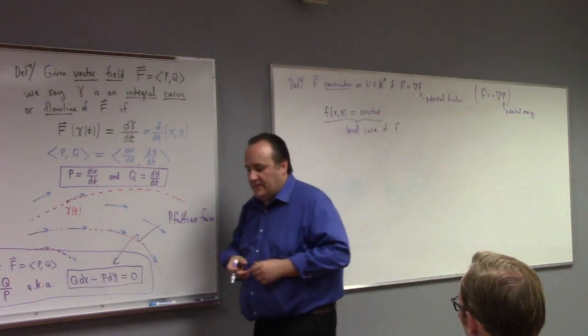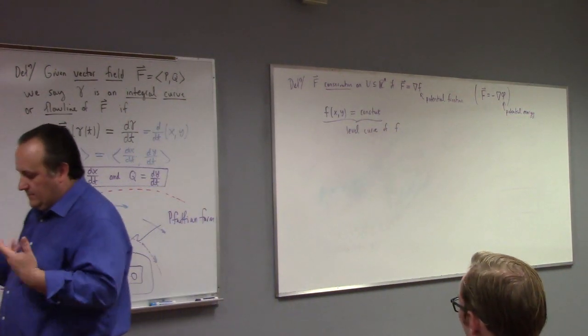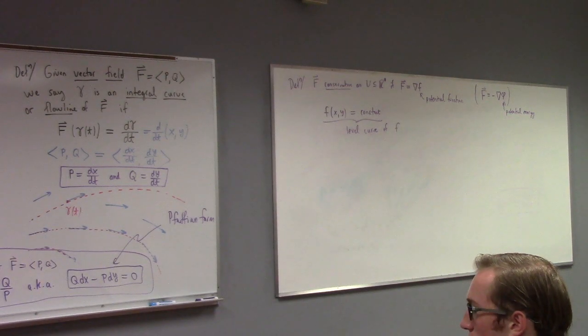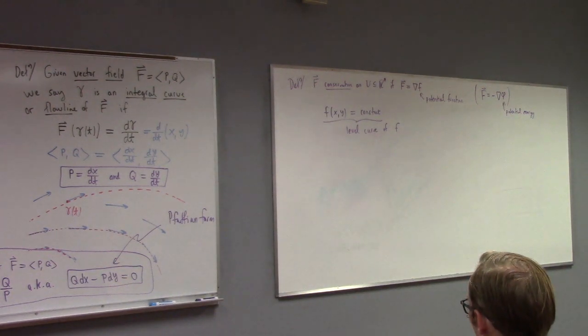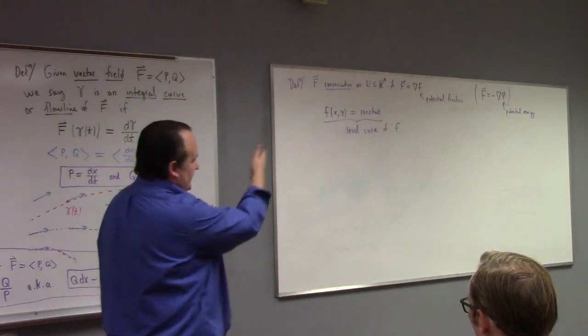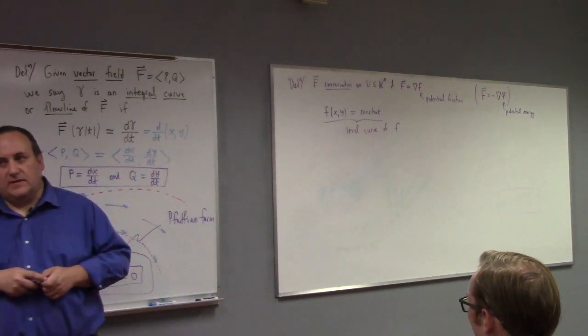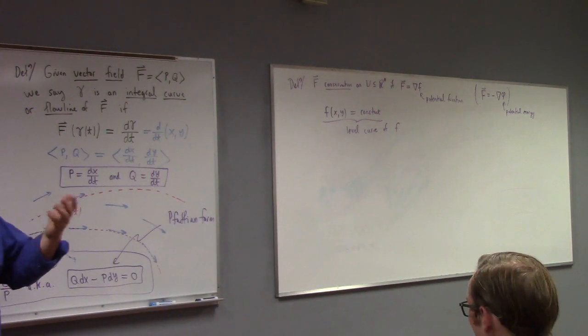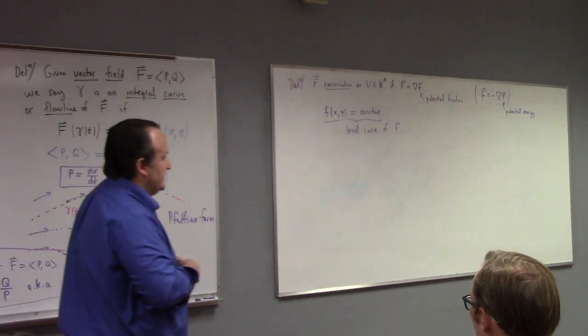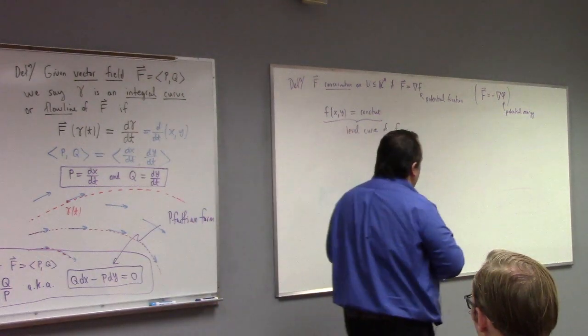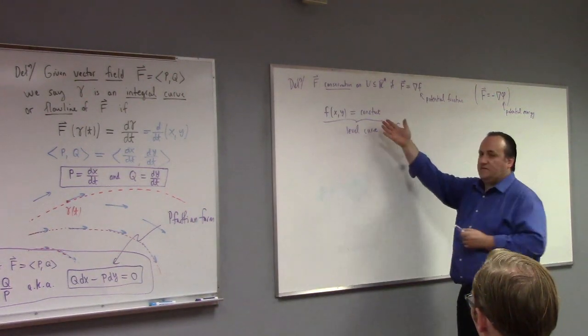A level curve of a potential function is the solution set to a Cartesian equation. In the case that it's voltage, this becomes equipotential, like equal voltage lines for an electric field, which is conservative. But anyway, let's talk about the geometry here.